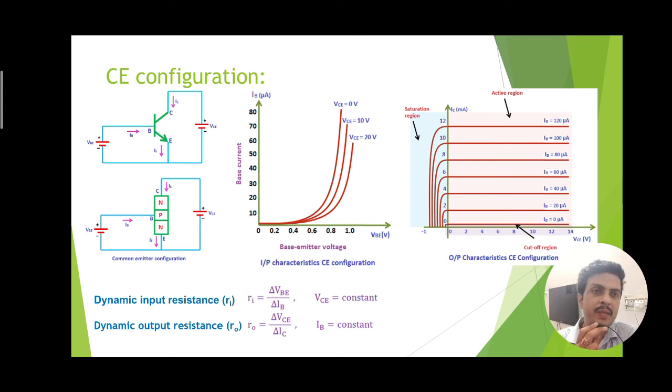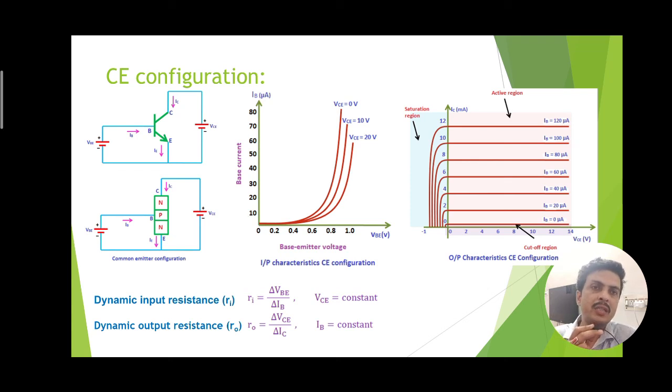For the output characteristics, if we change the collector emitter voltage, we get the collector current, and for these characteristics the base current is kept constant. If the base current is 0, there is no base current, so it is almost cut off. If the base current is increased to 20 microampere, then as the collector emitter voltage is increased, we gradually get a linear increase of the collector current.